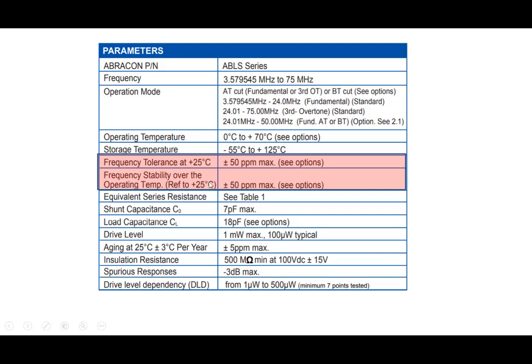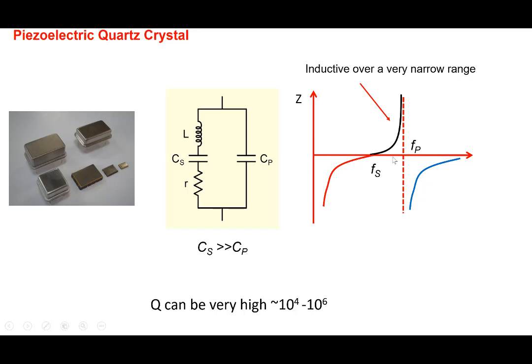So it provides a very stable resonant frequency. If you want a very high Q LCR circuit, very stable with very good tolerance, then the quartz crystal itself is a very good option, and is used in a wide variety of oscillator circuits.